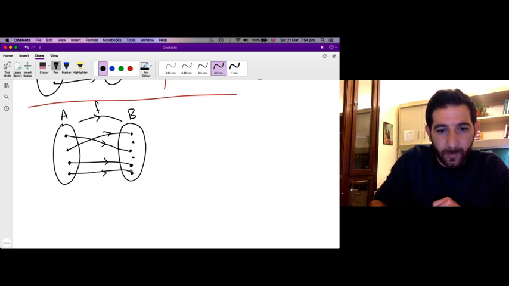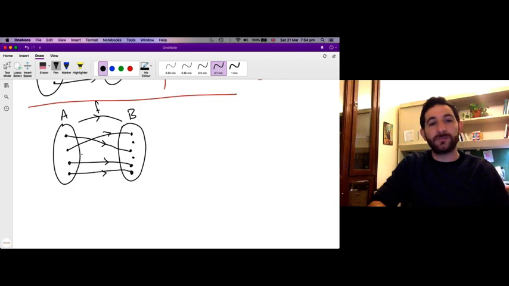Okay, so now if you look at this picture, what do you see? Look at the elements of A, all of them are assigned images, but another observation is that no two elements in A have the same image in B, right? So look, these two have different images, this one and this one.